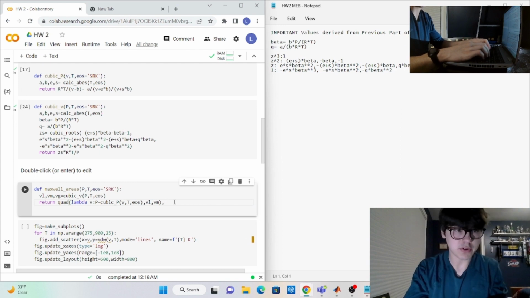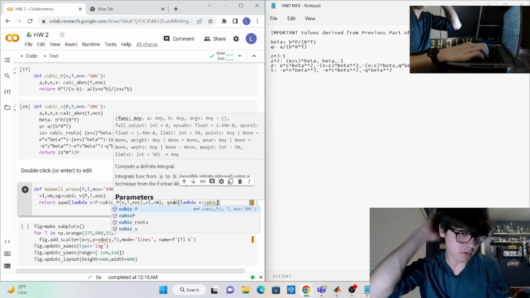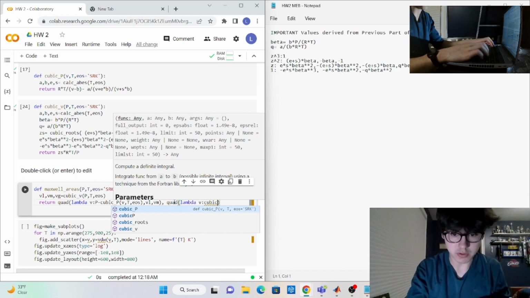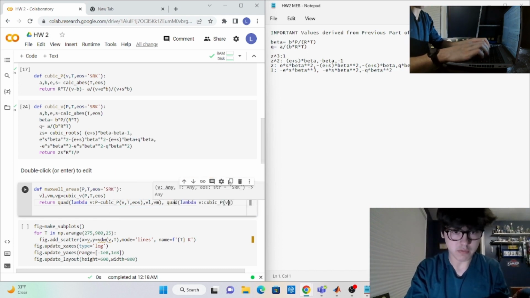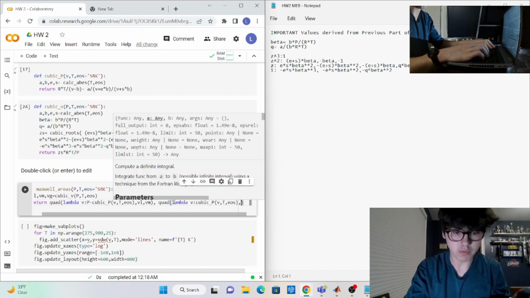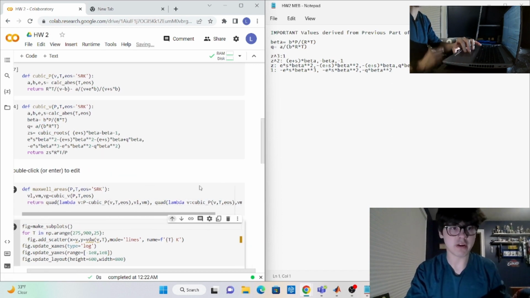And we also want to return another quad, lambda v, same thing, new function, but this time we're doing the cubic pressure because it will be above the pressure line we choose, the certain pressure, cubic_p, and volume, temperature, state, and then comma, so we wanted the v middle, the intermediate volume, to the gaseous volume. So there we go. We have our function Maxwell areas.